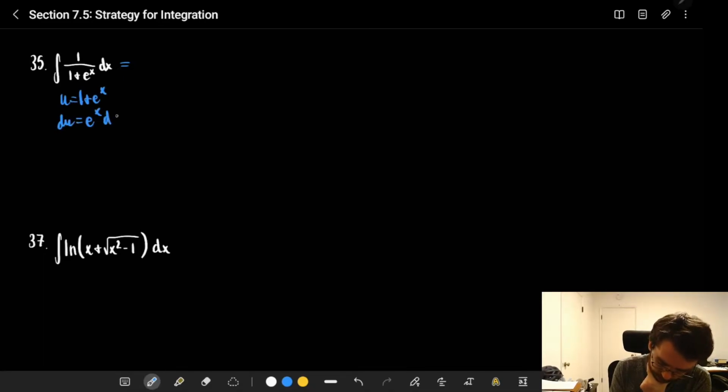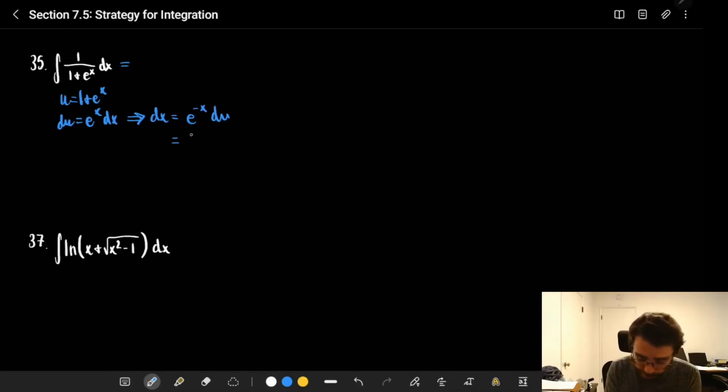So du is e to the x dx, which means dx, is this going to work? Maybe? I mean, dx is e to the negative x du. E to the negative x is 1 over e to the x. But e to the x is, solve this for e to the x. E to the x is u minus 1. Oh, that doesn't look good. But maybe?